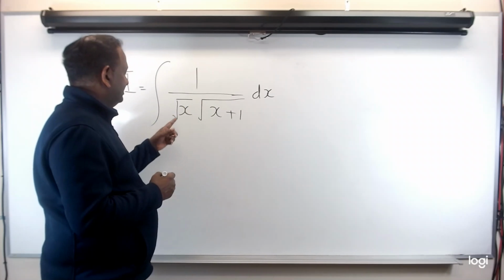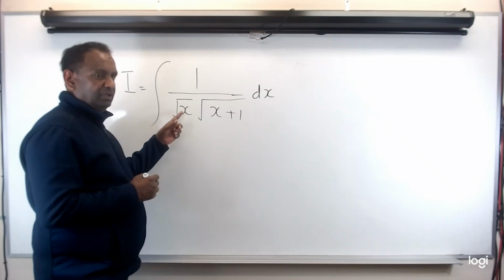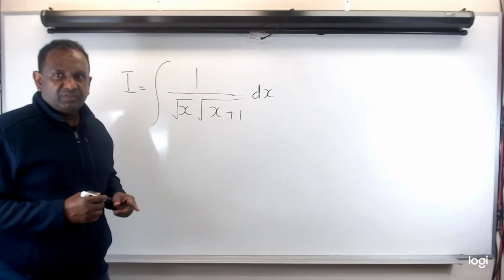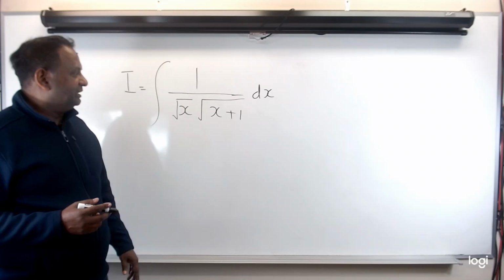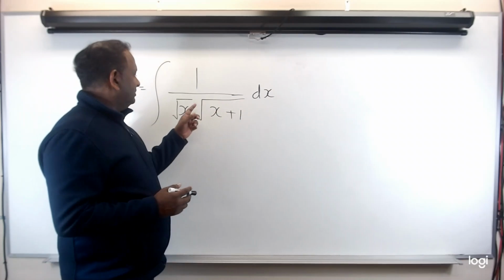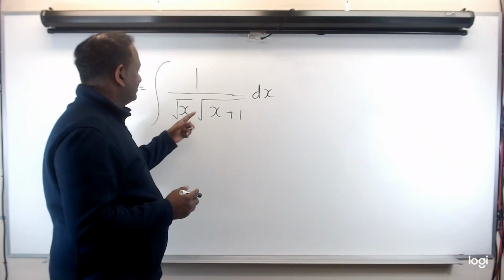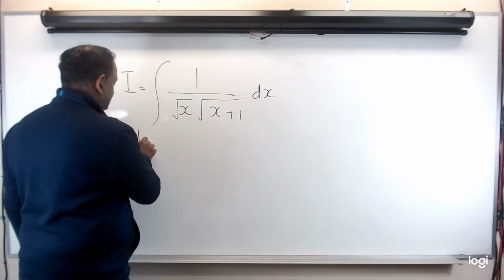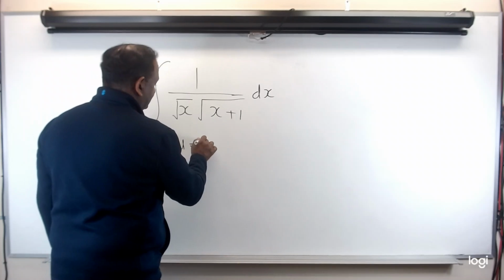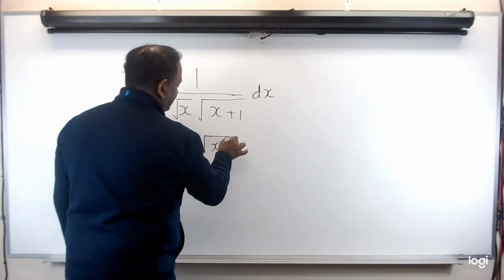It's definitely not going to be u equals x, because then nothing changes. You have to figure out whether you take square root x or square root x plus 1. Let's say let u equals square root x plus 1.